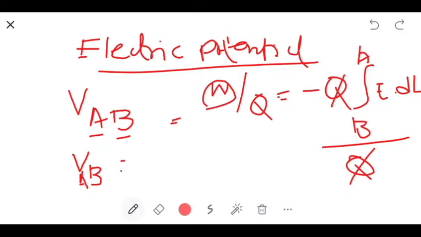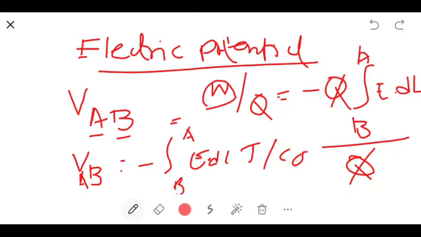Okay, VAB equal to minus integral from B to A, initial position to final position, of E dot dl joules per coulomb. The electric potential is given by minus integral B to A E dot dl, and q gets cancelled, joules per coulomb or volts.